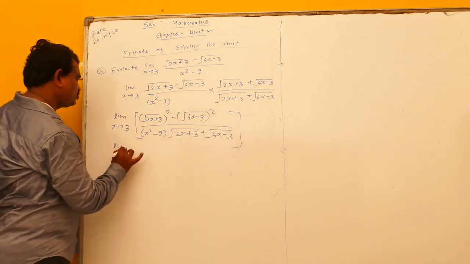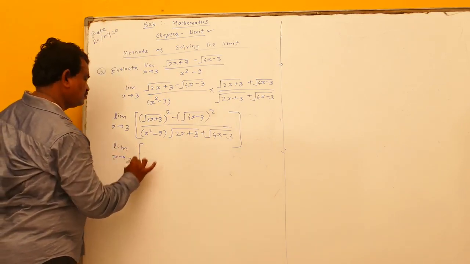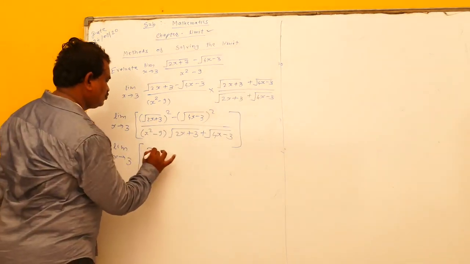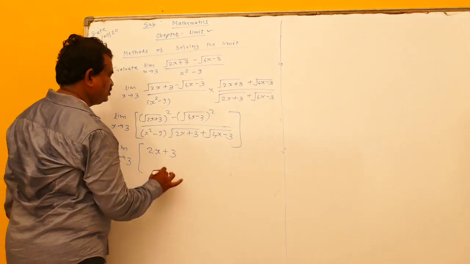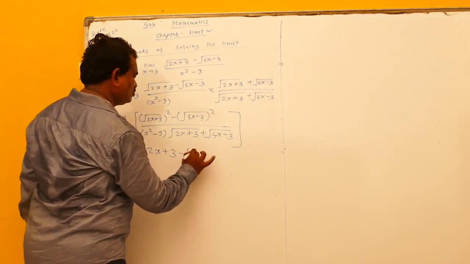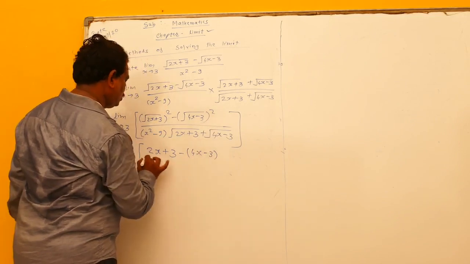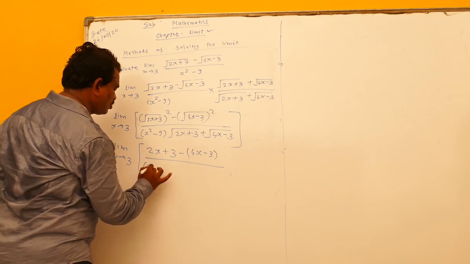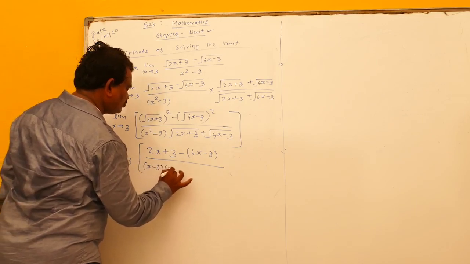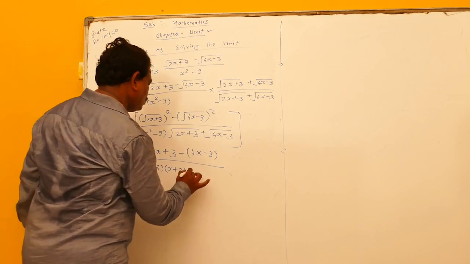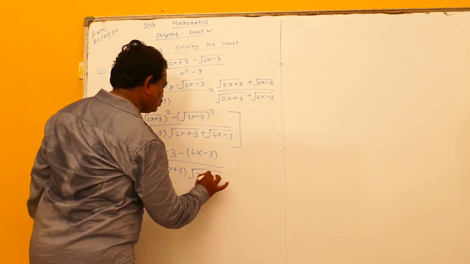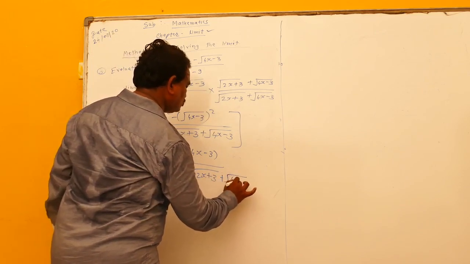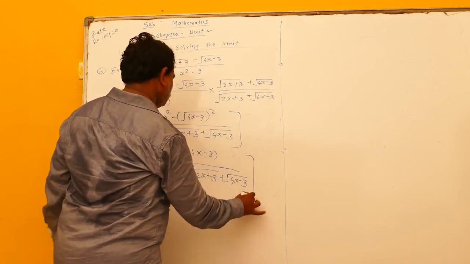Next step, limit of x tends to 3. Root 2x plus 3 square means 2x plus 3, minus here 4x minus 3, divided by x square minus 9, which is in factorized form, x minus 3, x plus 3, into under root 2x plus 3 plus under root 4x minus 3.